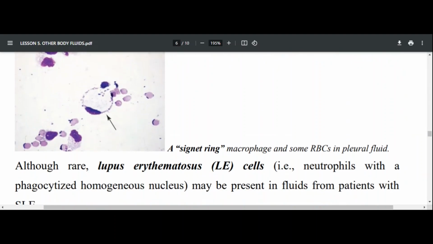You find them with the nucleus pushed towards the cytoplasmic membrane, right? This is a nucleus, and when this cell is seen, it is called a signet ring macrophage.